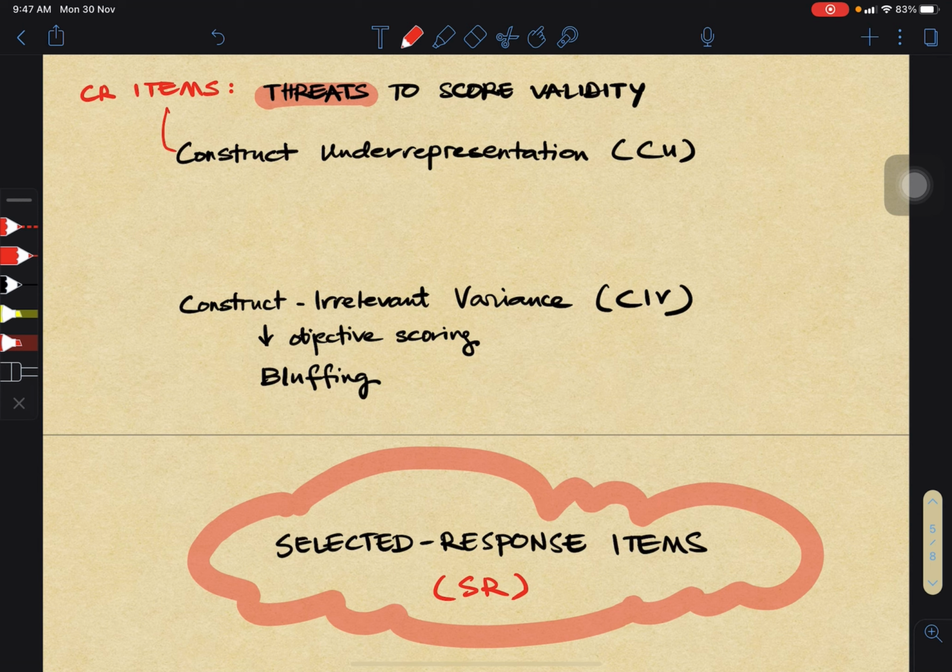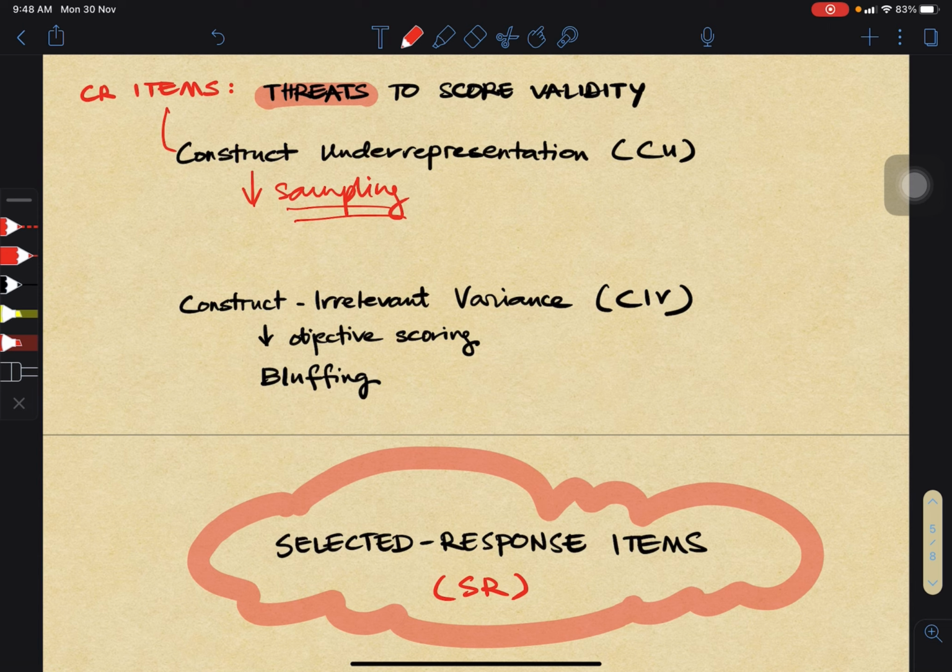One is construct underrepresentation. What does that mean? That means that it has reduced sampling. We have to remember that if we use CR items, constructed response items, short answer questions, long answer questions, traditional essays, the sampling is very much a problem, because we are getting fewer samples of the candidates' competencies in the content areas, compared to other formats.